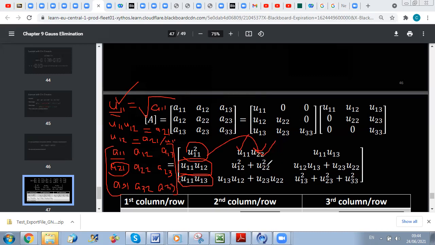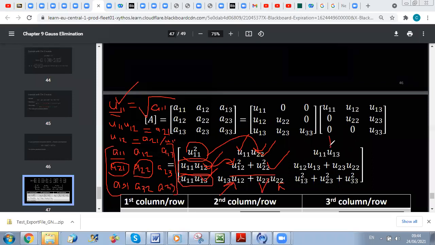Now, once you find U22 by comparison, you can say that A22 is equal to U12 squared plus U22 squared. And since U12 is already calculated from this step, you replace it and you get U22. Similarly here, you already got U13 and U12. So you replace them here along with U22, you get U23.